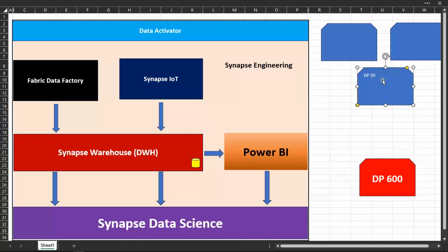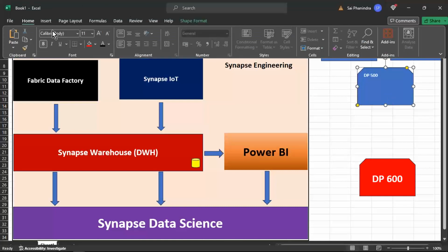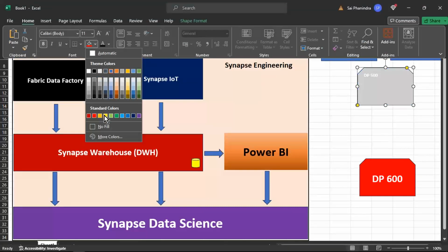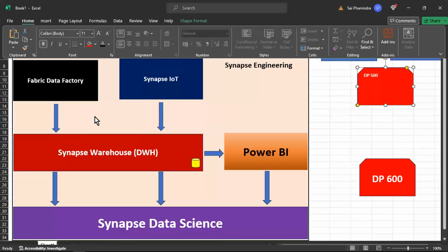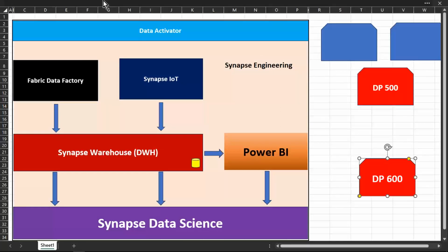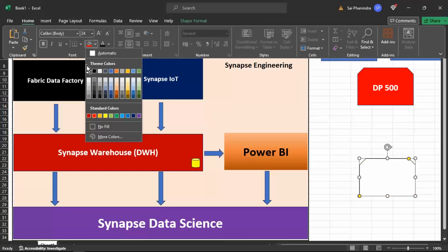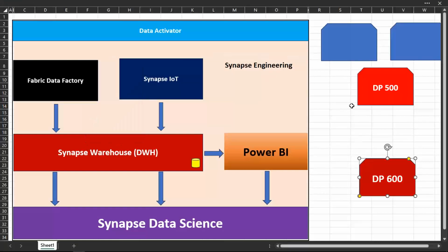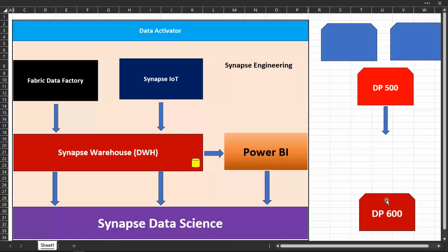And we have DP 500. What is this? The DP 500 is for a combo of, I'll just mention this one. It is a combo. DP 500 and from there you step into DP 600.